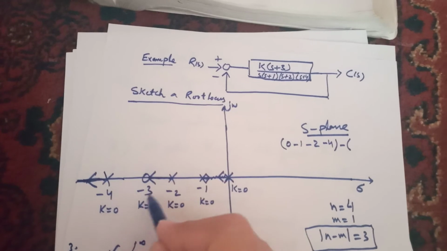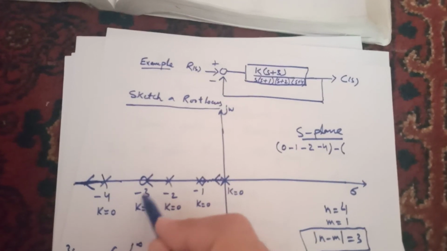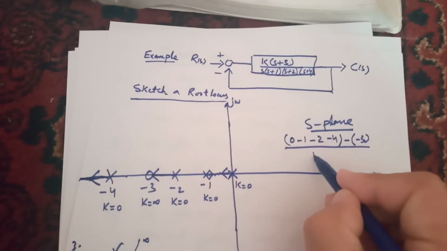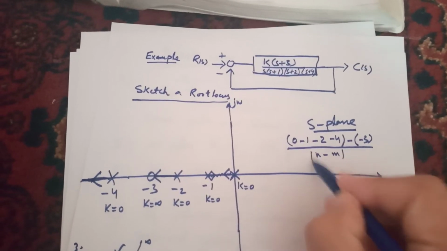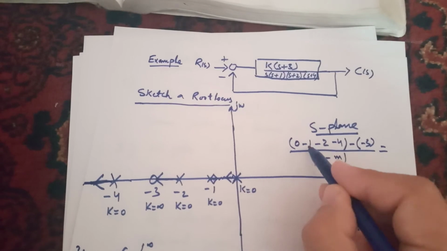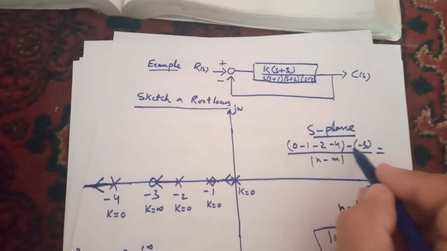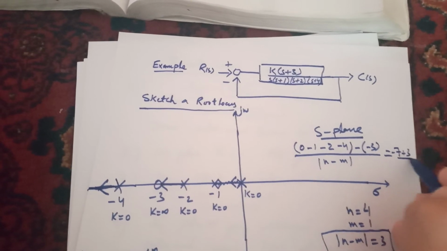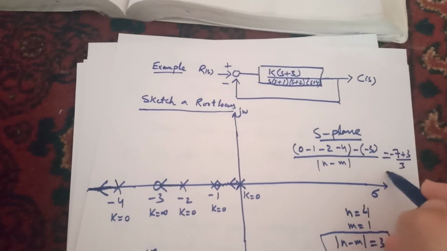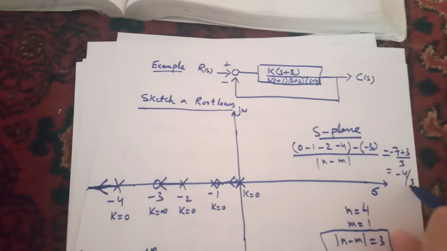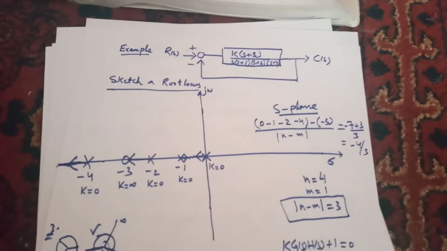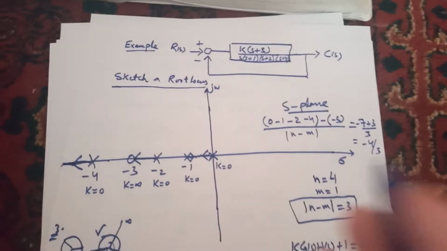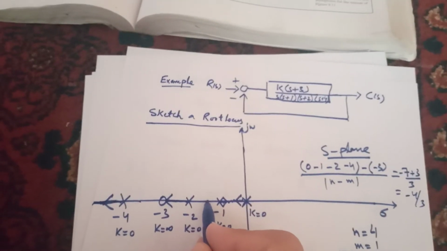Again look at the location of the zero, which is -3, and then divide by n minus m. Now it becomes -7 plus 3 divided by 3, so it becomes -4 by 3, so it becomes -1.3 something. So there must be a point somewhere here.